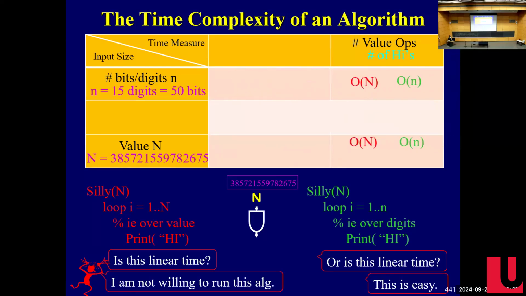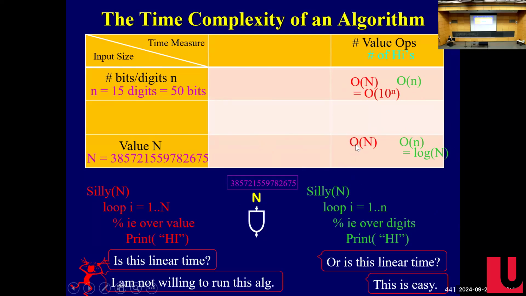All right, so now what's the running time? As we've seen, it's capital N versus little n. But in this top one, we're expressing the running time in terms of the size of the input, which is little n, right? So capital N, we know, is 2 to the little n, right? And in this bottom one, we're expressing the running time in terms of the value.